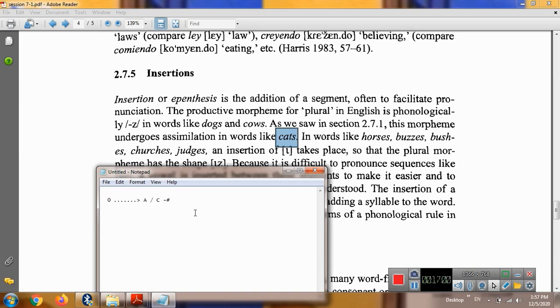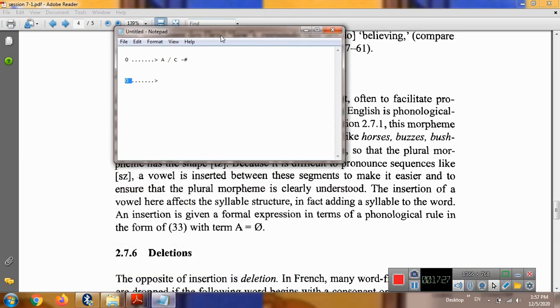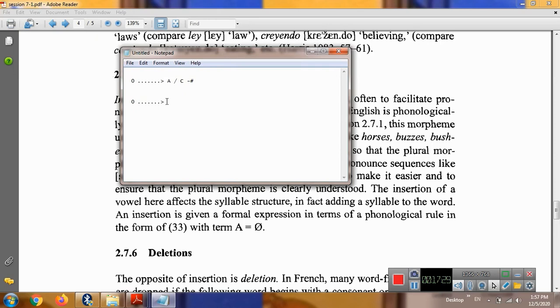If I want to show you in an exact way, I can say that E is inserted. Okay, I should use this symbol instead of this one, which is E here, for the plural form.